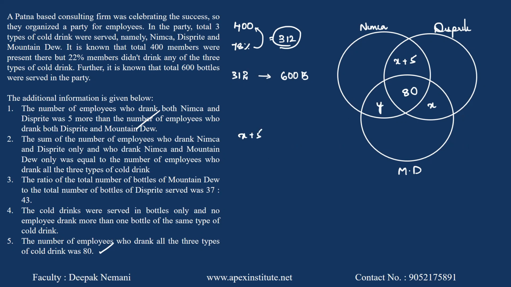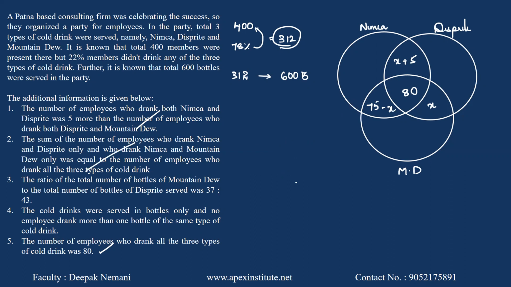If I consider this as Y, then Y plus the number of employees who drank all the three types of cold drinks, which is 80, gives Y equal to 75 minus X. So this value is 75 minus X. Done. We are done with this.